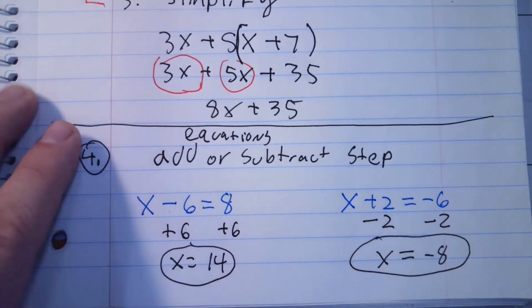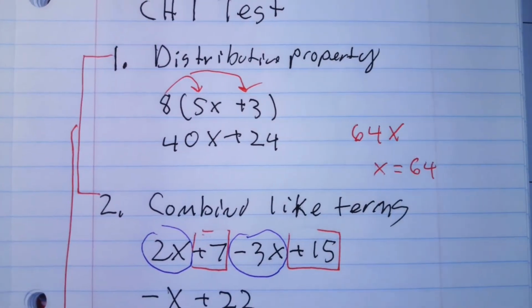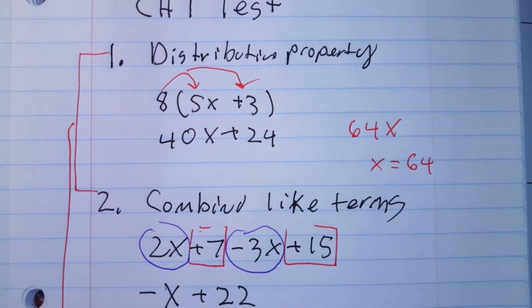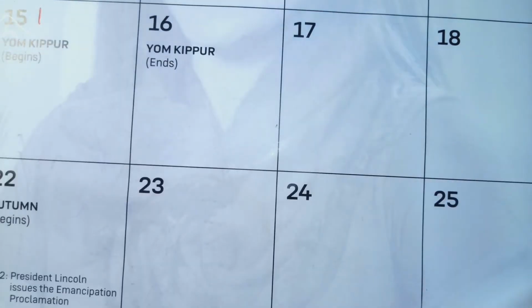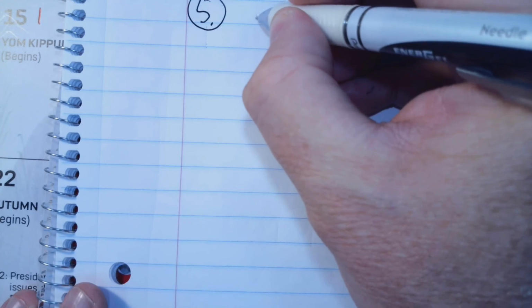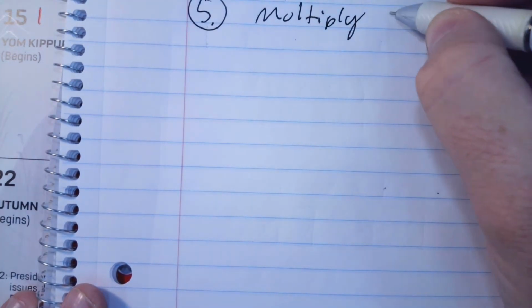So this is easier because I'm going to do one more thing, and then we're going to stop. So the next step, 5, and then we'll probably continue tomorrow, is going to be your multiply, divide step.